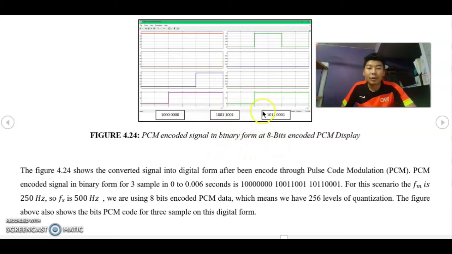We have 3 samples also: the first sample is 1000, the second is 1001 and 1001, and the third sample is 1011. For this we are using 8 bits, which means we have 256 levels of quantization.